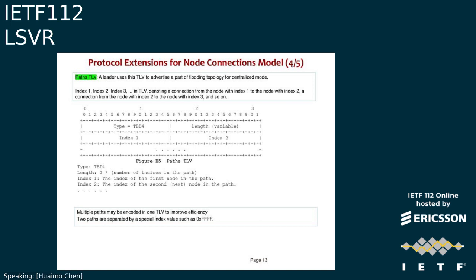This TLV encodes a part of the flooding topology. In fact, it encodes a connection from the node with index 1 to the node with index 2, and then a connection from the node with index 2 to the node with index 3, and so on. So next page.